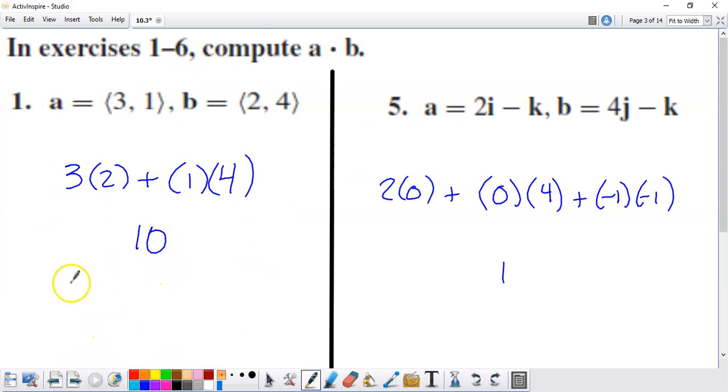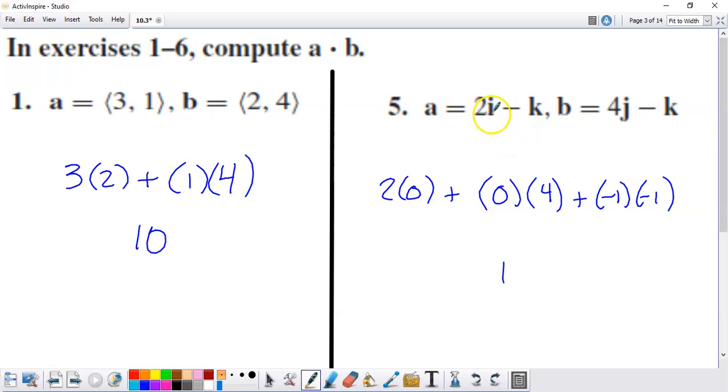So a couple quick examples here. We just want to compute the dot product between A and B. For the two-dimensional version, we're just going to multiply the x components together, multiply the y components together, boom, we've got our result. This one is a little bit different. Obviously, it's a different notation with the way the vectors are presented.